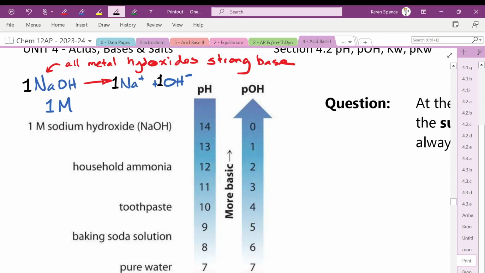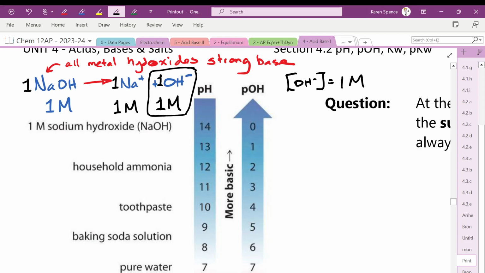So concentration of sodium will also be 1 molar, and concentration of hydroxide will be 1 molar. And guess what? Hydroxide ion concentration is equal to 1. What is that as a power of 10? 10 to the power of 0 molar.